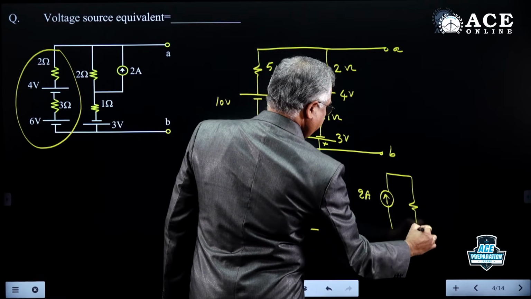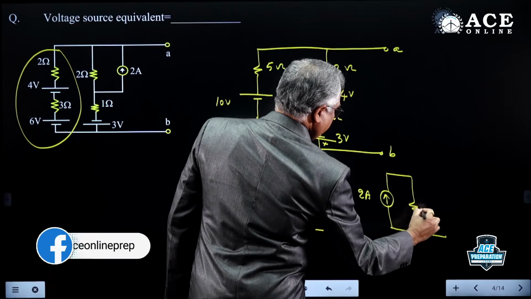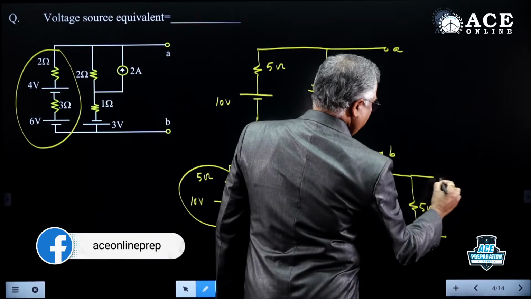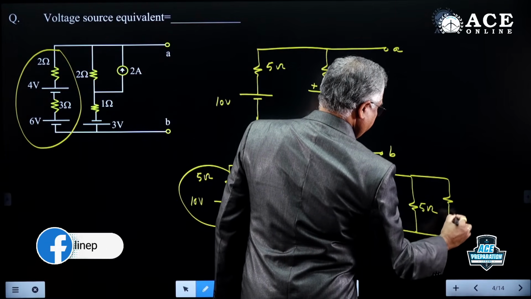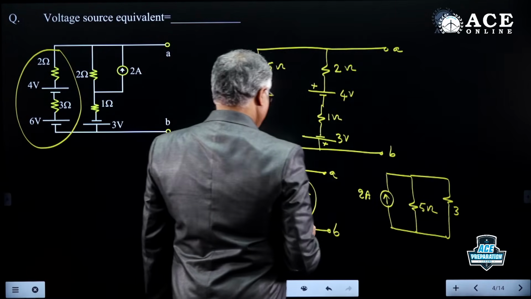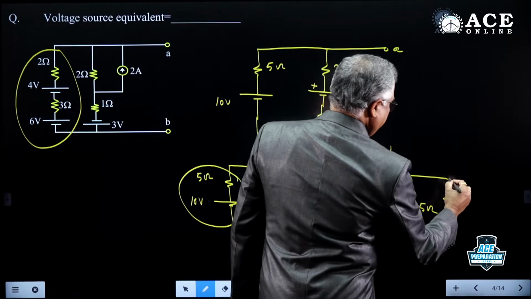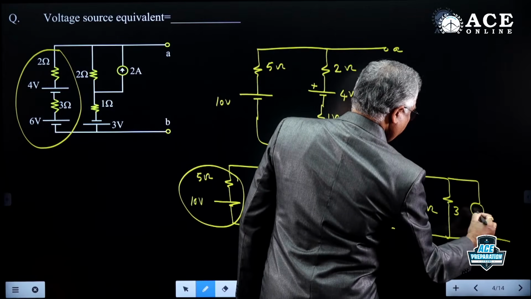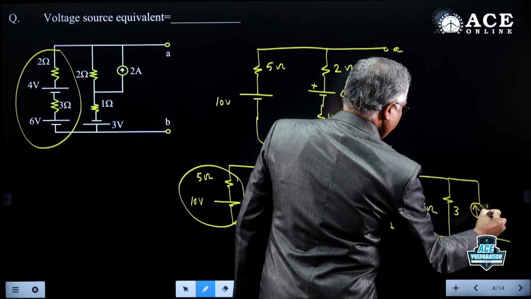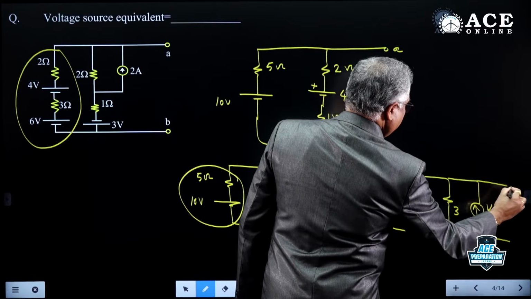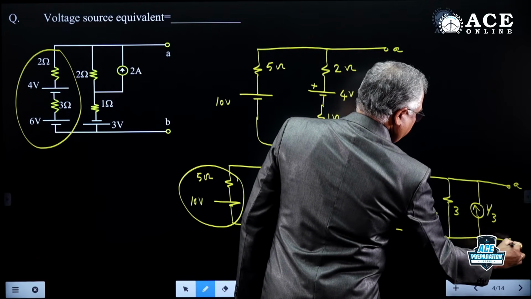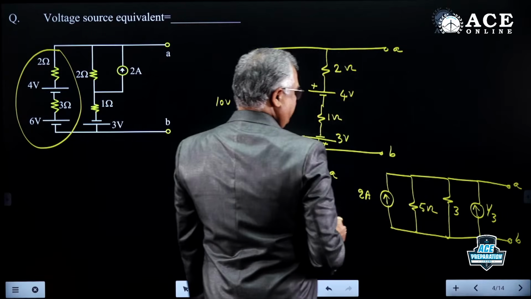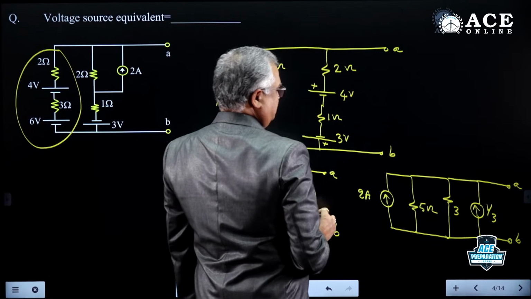5 parallel. 3 is parallel. 1 volt, 1 by 3. 2 amps and 1 by 3, you can add them.